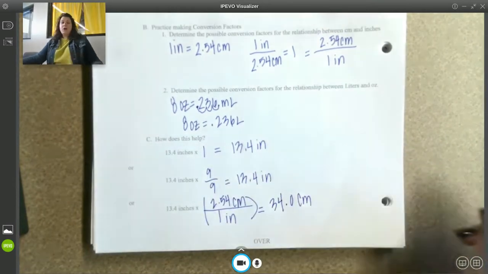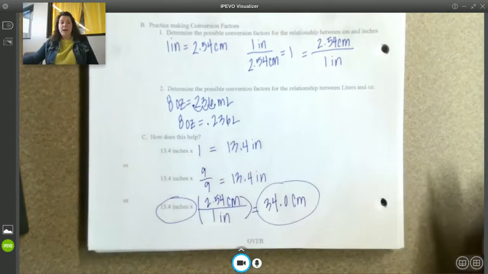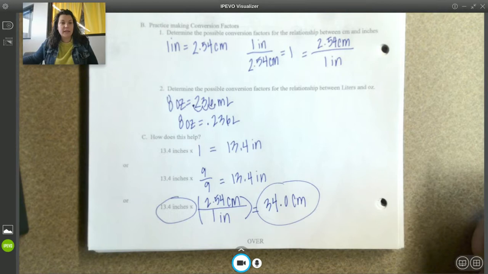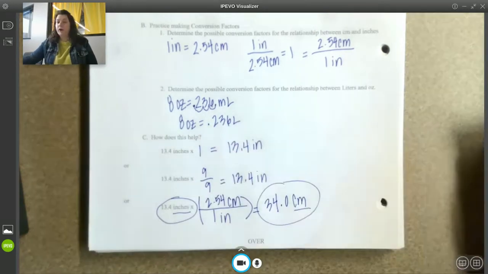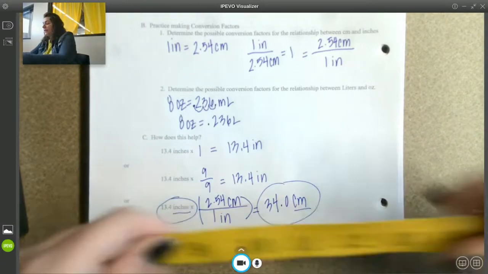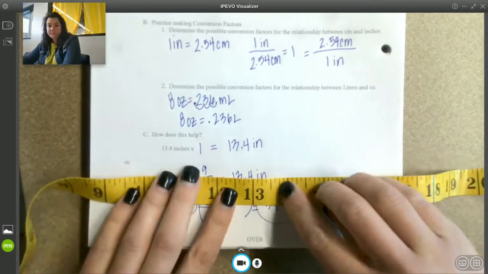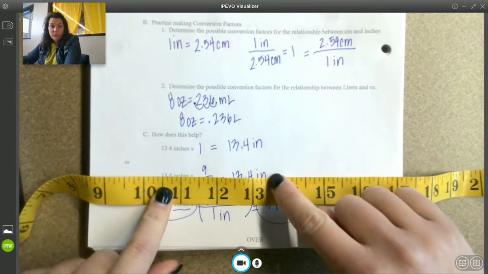centimeters, okay? This number right here and this number right here mean exactly the same thing. The only thing that is different between the two of them is what we are reporting our units as. So if I look at my ruler again at 13.4, which is right here, if I were to flip this over, what would we expect?